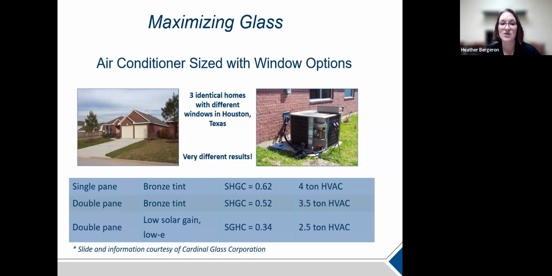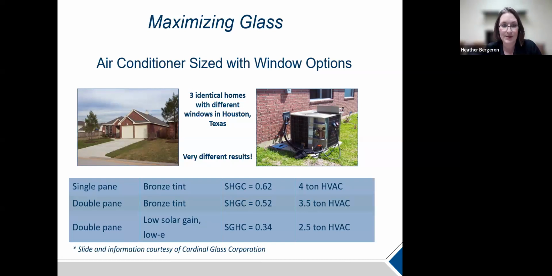If you have a solar pane home with bronze tints and that solar heat gain coefficient, you have a very high number of 0.62. We all know that in Houston it's very humid and very hot, so we want to think of those numbers. That particular home, as far as the size of an air conditioner, was 4 tons for the HVAC.